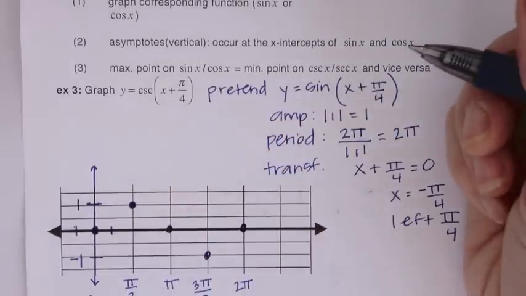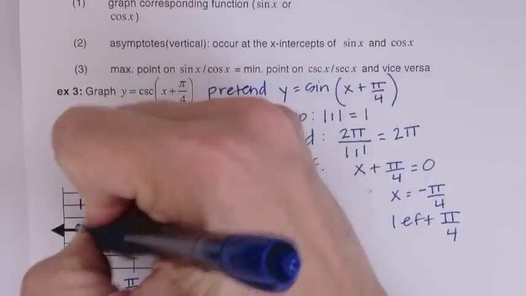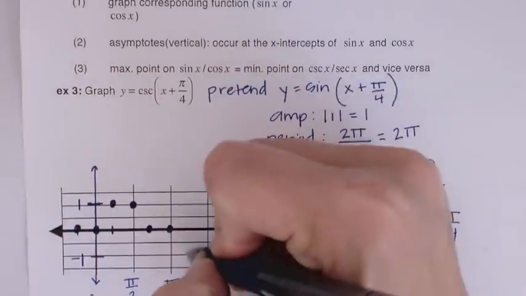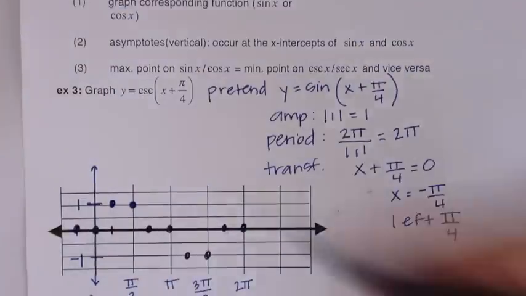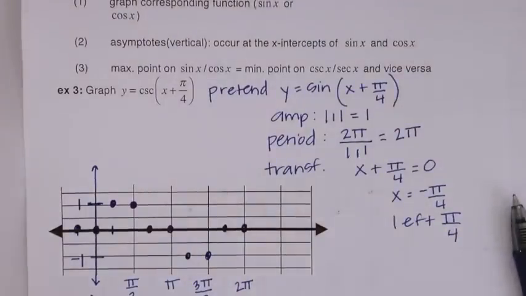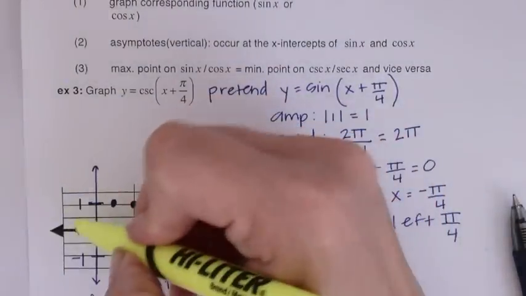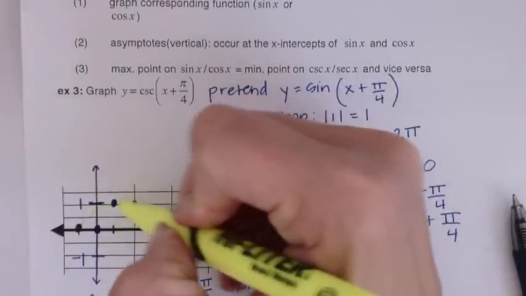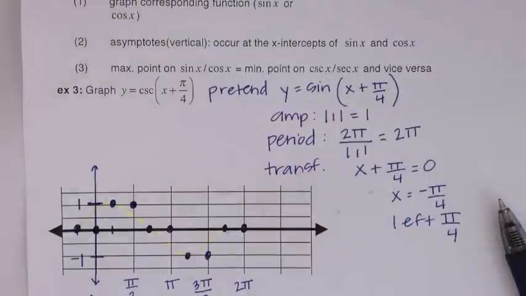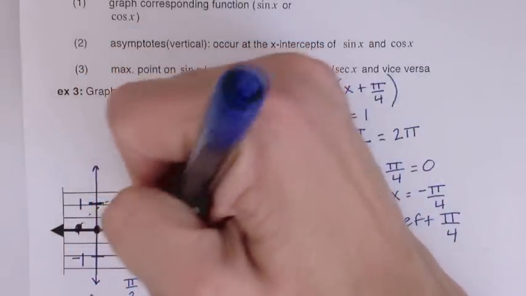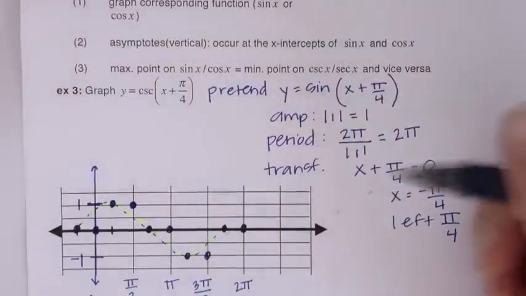And then we need to move this over pi over 4, so everything gets moved over half an increment. Okay, so here is what that graph would look like. And I'm going to dash it out in my highlighter here. Okay, there's one rotation. It's kind of hard to see, but you guys, you'll get it. I'll dash it out in pen just to make it more visible. Okay, so there it is right there.